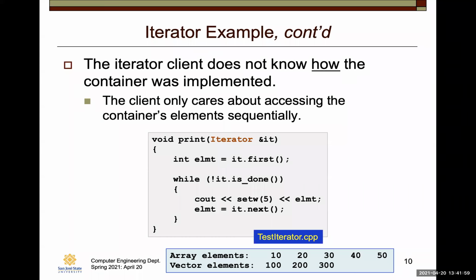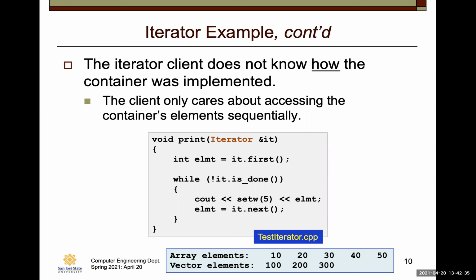I can pass in an iterator for a linked list, an iterator for a hash table, whatever, as long as the iterator is a subclass of the iterator superclass. So this is the power of iterator. If you're given a data structure and you don't want to know how it is actually implemented, such as a hash table, you don't want to know how the hash table actually stores its elements.